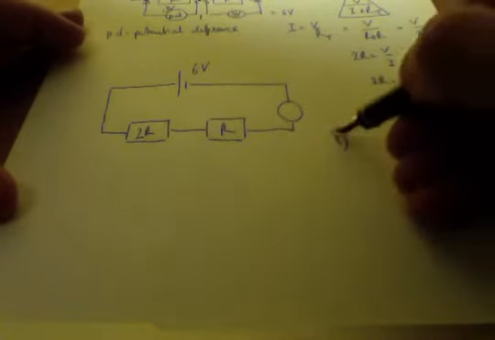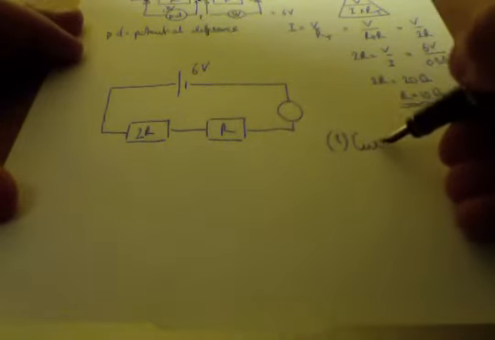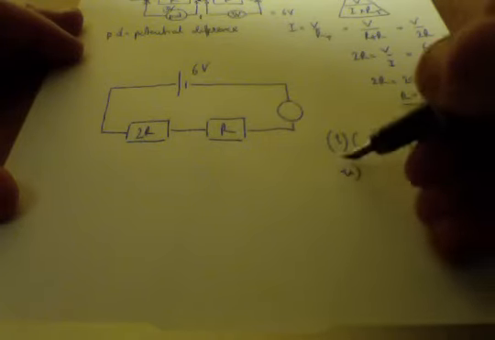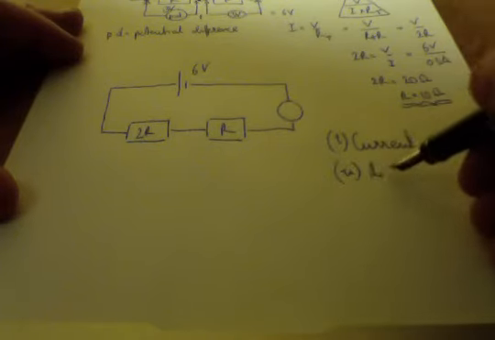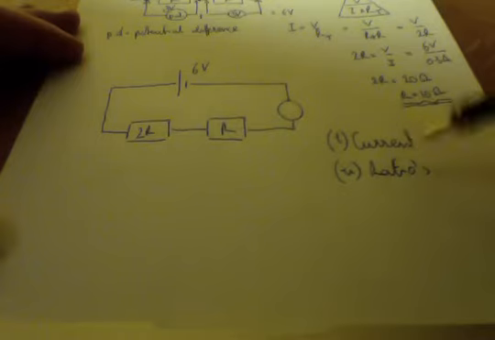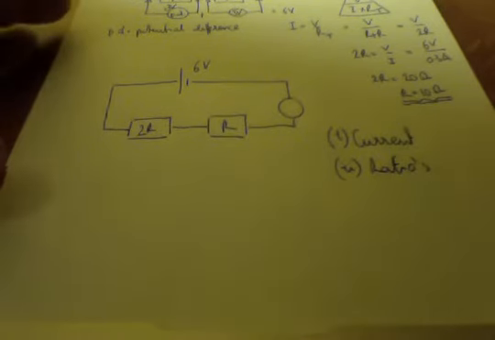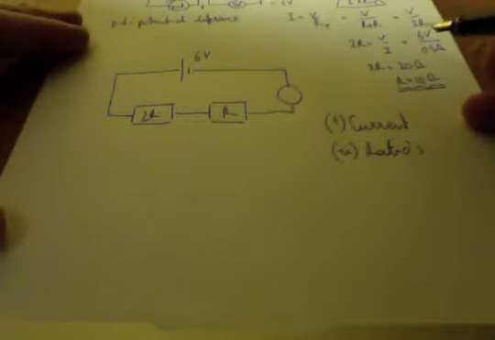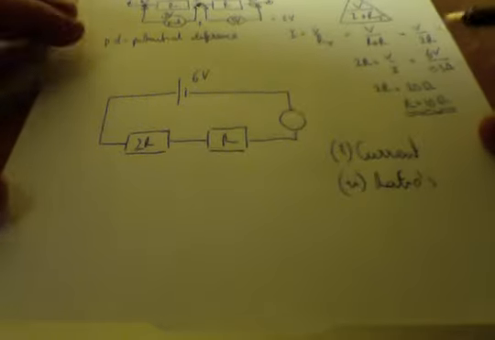First one is by working out the current in the circuit, and the second one is the use of some simple ratios. You can use either of these to work out potential differences in the future. So let's do both of them and see which one you feel more comfortable with.